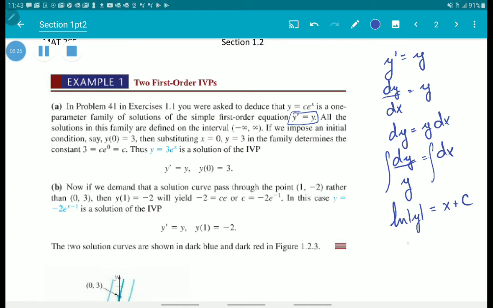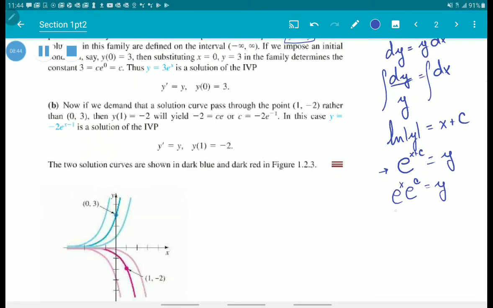So if we were to solve this for y, we can use the properties of logarithms. We know the base of the logarithm ln is e. The exponent is going to be x plus c, and that's going to be equal to y. Now, we can simplify this a little bit more. That's equivalent to e to the x times e to the c. The reason is, if we were to multiply these together, we would add the exponents because they have the same base. So these are algebraically equivalent.